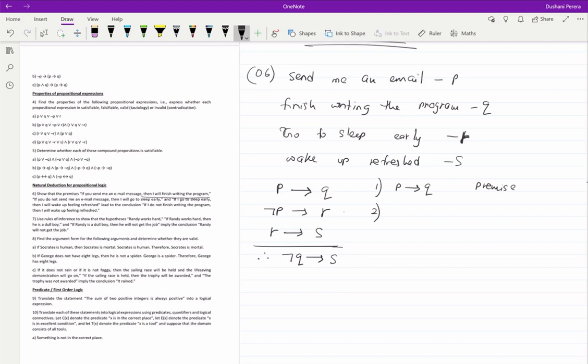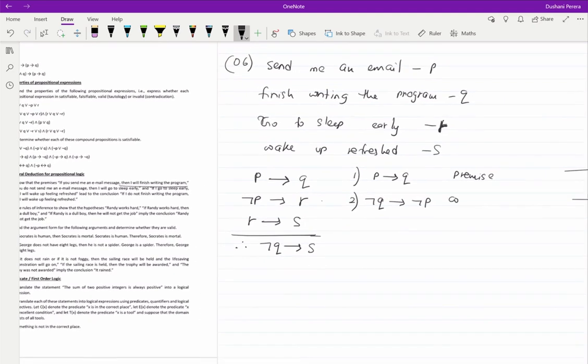Contrapositive means you get the negation of both sides in the same implication and connect them with the implication. So you swap the two atomic propositions and join them with the implication while making them the negation. So this is called the contrapositive. Contrapositive of premise 1. That's what we have done here.